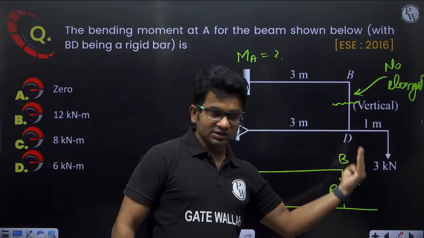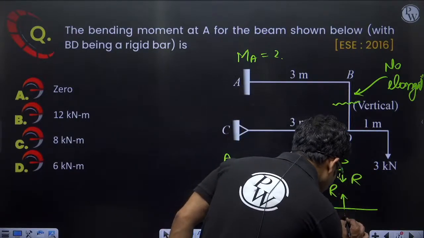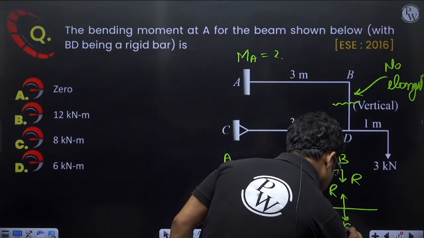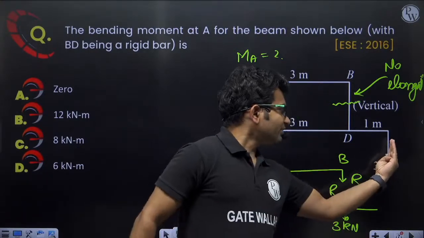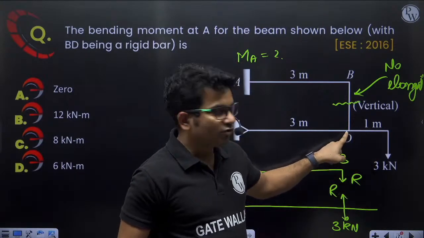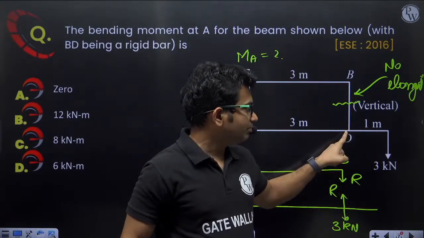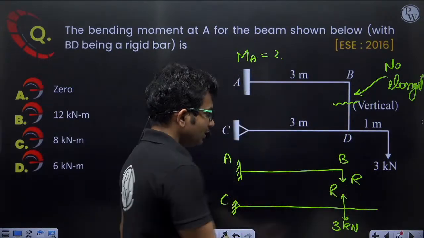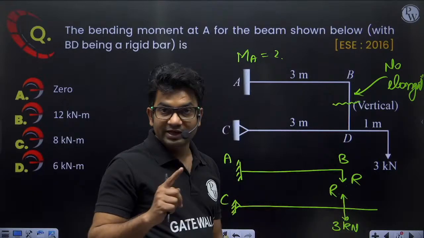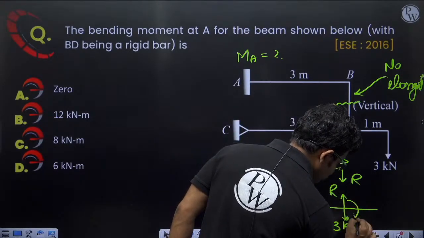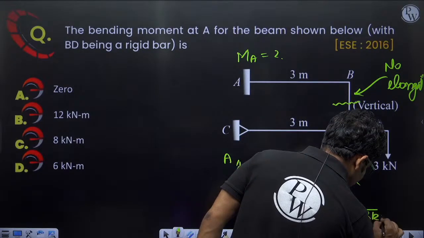Because of this 3 kilonewton there was an additional moment, 3 kilonewton meter in clockwise direction. But if I transfer the load here, that moment is no longer existing, so I have to introduce that moment also. So this moment is 3 kilonewton.